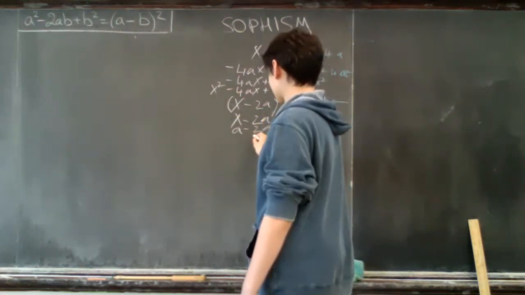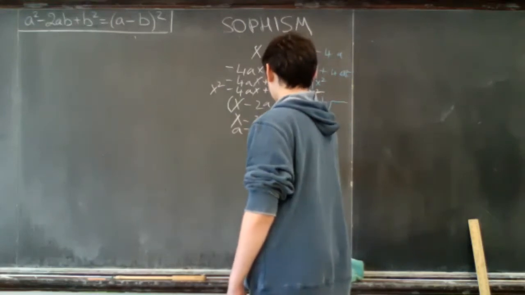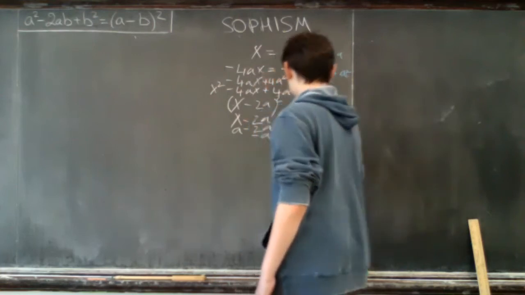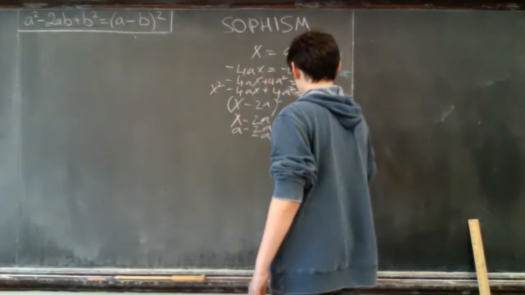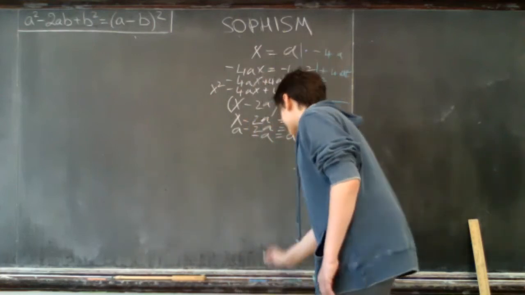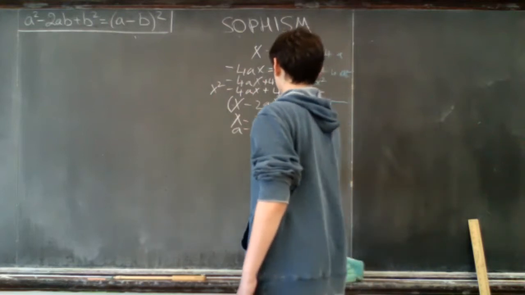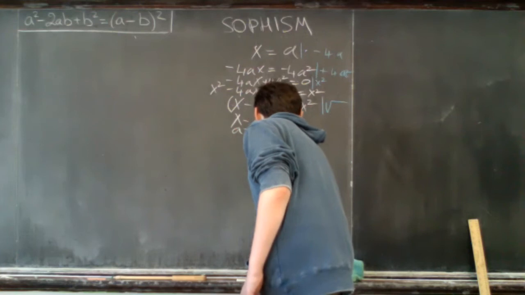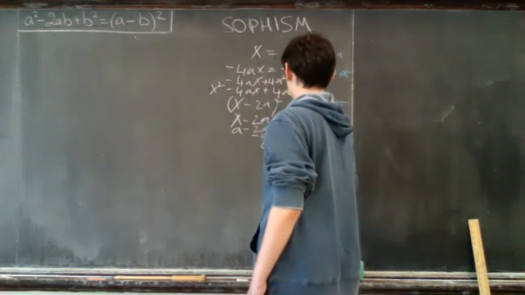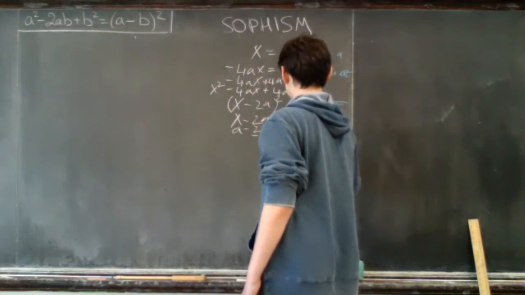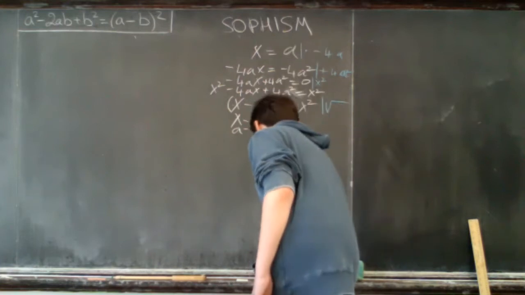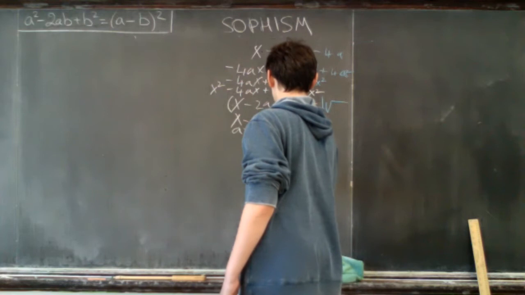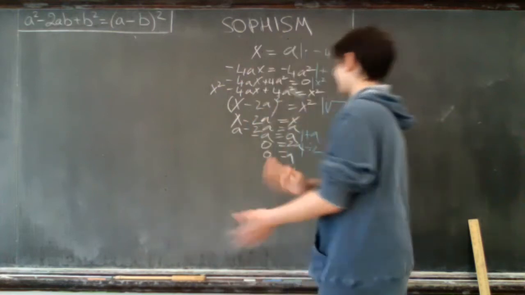And you can simplify that to negative a equals a. And next, I'm going to add a to both sides, and I'll have 0 equals 2a. And now finally, I'm going to divide both sides by 2, and you end up with 0 equals a.